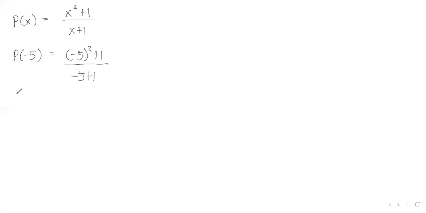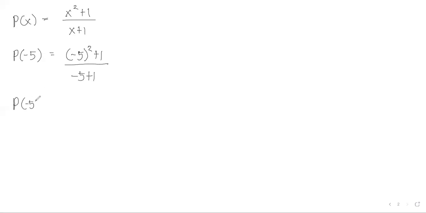So, ano yung P of x? That is equal to x squared plus 1 over x plus 1. Na-evaluate daw muna natin to at x is equal to negative 5. Left to right tayo. Simply direct substitution lang to. Negative 5 squared plus 1 over negative 5 plus 1.